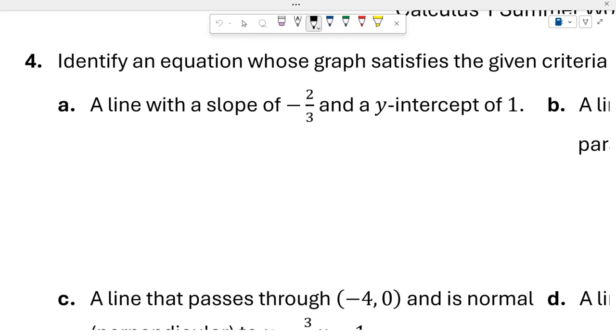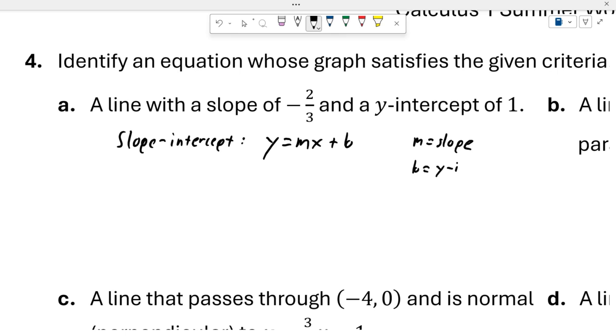Well, this works out fairly nicely because one of the forms of an equation of a line is slope-intercept form, which many of you are familiar with. y equals mx plus b, where m is the slope and b is the y-intercept.